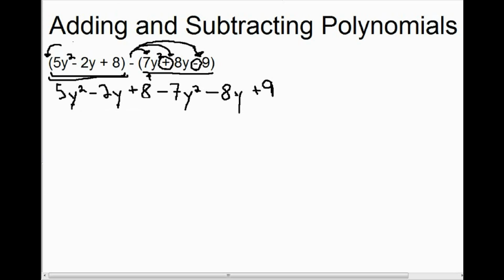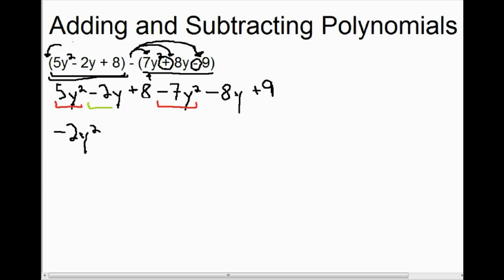Well, now we have a case where, once again, all we can really do is combine the like terms. So if we start with 5y squared, our like term with that is minus 7y squared. So if we combine 5y squared minus 7y squared, we get negative 2y squared. Carrying on, we go to the next term. We've got minus 2y.